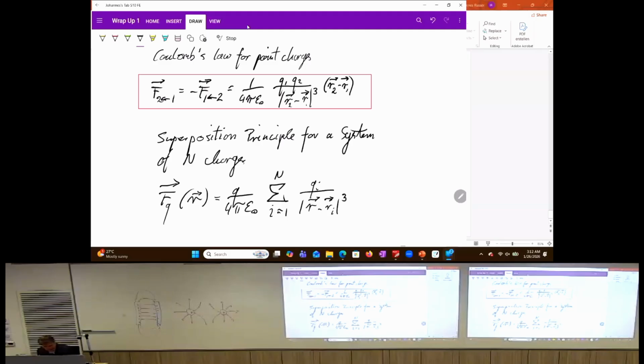This is equation 1.2, and the one above is 1.1.